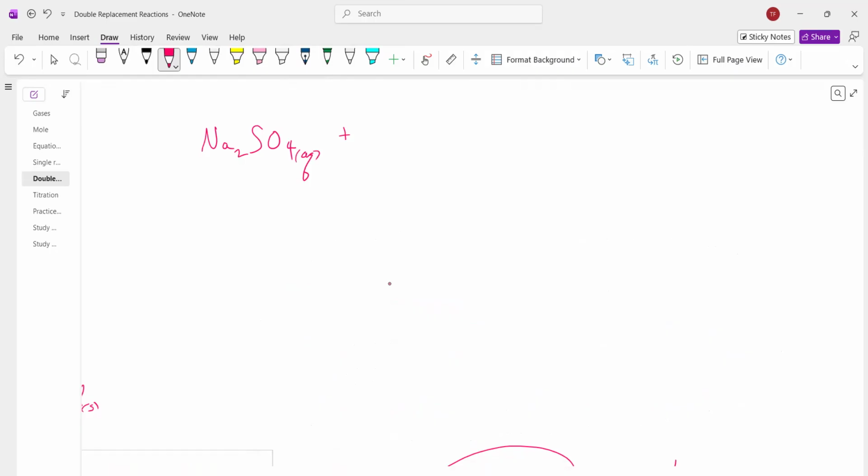Now again, remember when I write AQ, that means aqueous. That means there's no solid in there. It's colorless, clear.